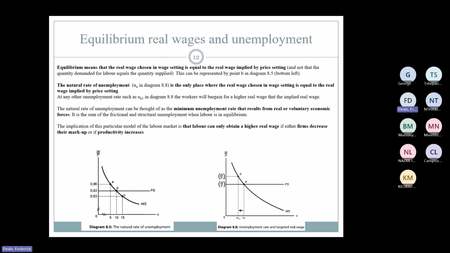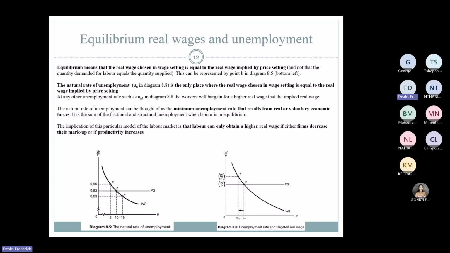So when we decide on the wage setting, when you negotiate for your higher wage and you talk about the real wage for a given level of unemployment, at the end of the day, that needs to be the same as what price setting would imply. And that gets us to the natural rate of unemployment, or the way we showed on the diagram, U and then a small n next to it, the natural rate of unemployment.